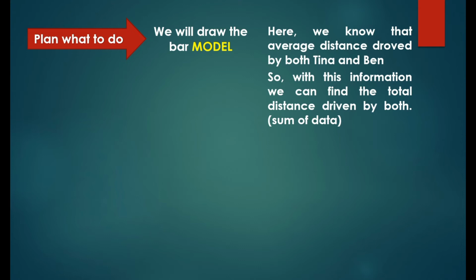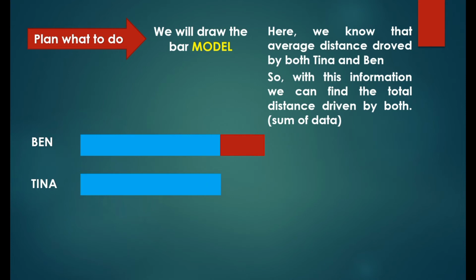So you know there are two persons, Ben and Tina. First you need to draw the bar model. The first part is the average that Ben and Tina drove together, which is given, and Ben drove 24 kilometers more.